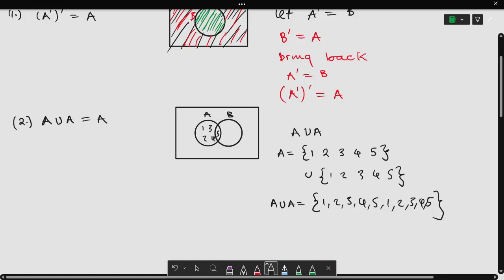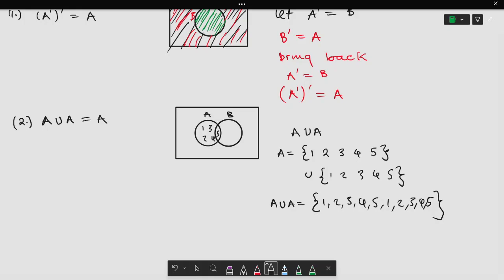But we know that under sets, we don't write like this. We don't repeat elements. If you mention an element once, you only write it once. So if you've already written one, you only write one once. Two is being repeated twice, but we don't repeat under sets.